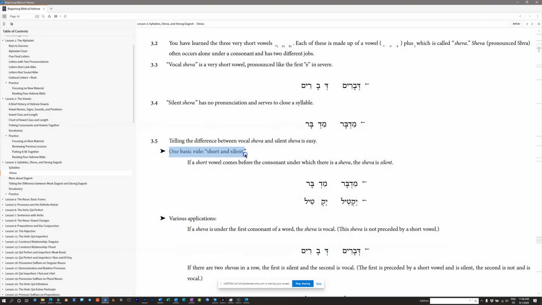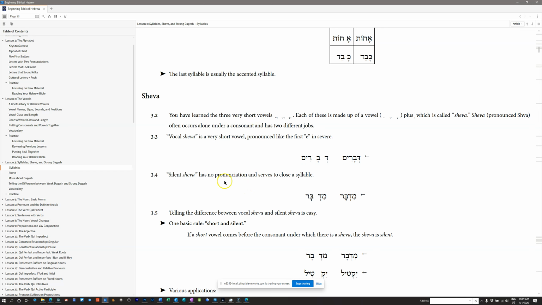This right here, short and silent, where short means silent. If you can associate short and silent together, this is going to be very important for distinguishing between a silent and a vocal shva. Now, that means you've got to know your short vowels, okay? While Futato uses some different terminology for the length of vowels, everybody agrees that the vowels that he calls short are short, okay?